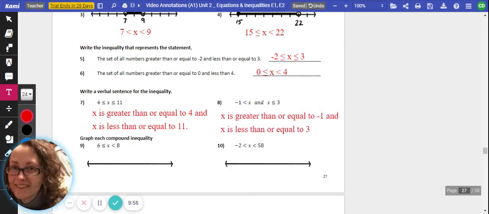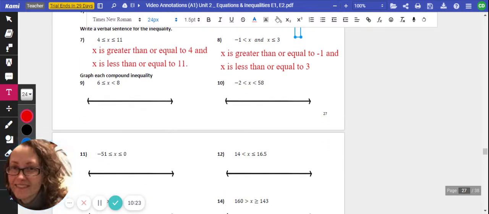Again, reading from my variable, x is greater than or equal to -1, and x is less than or equal to 3. This time they just wrote them as two separate inequalities, but they mean the same thing. We could write it as if all of this was just one x in the middle.